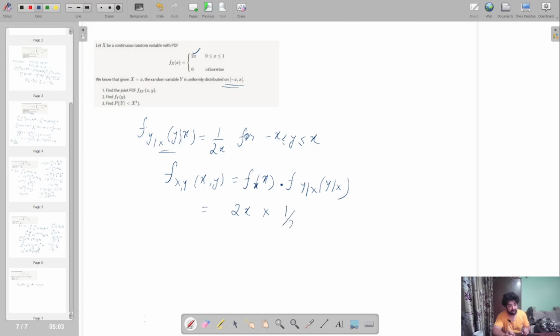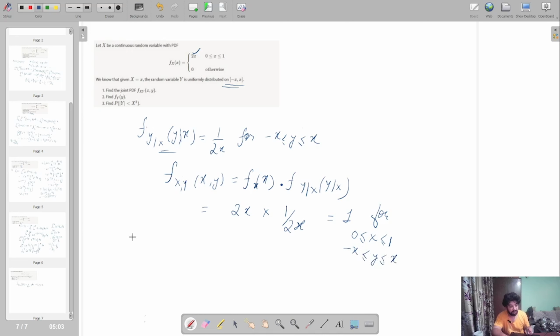If I solve this, it comes out to be 1, for 0 less than x less than 1 and y ranging from minus x to x.